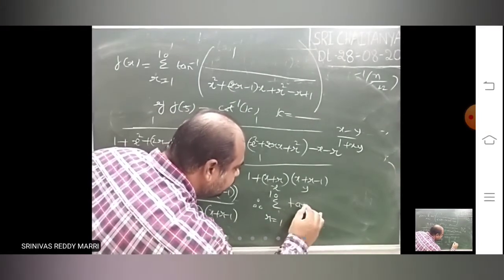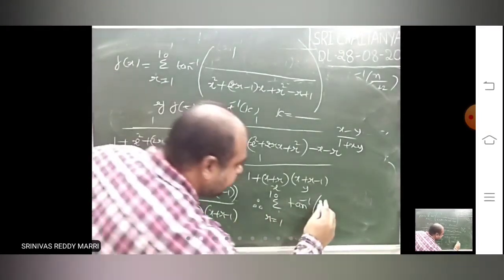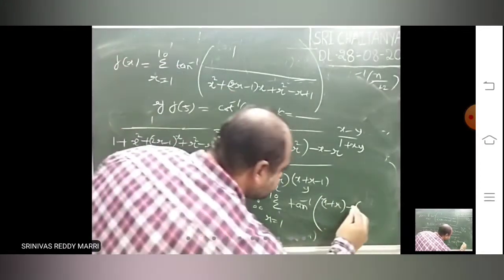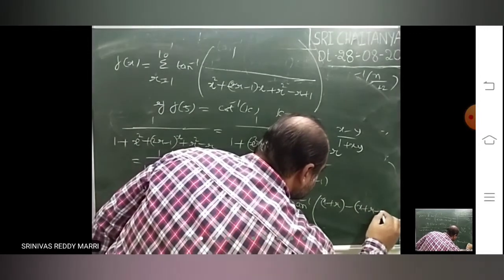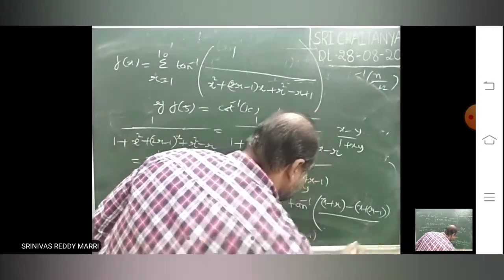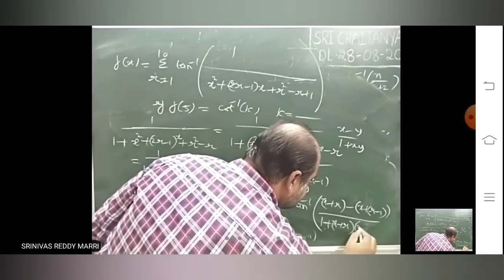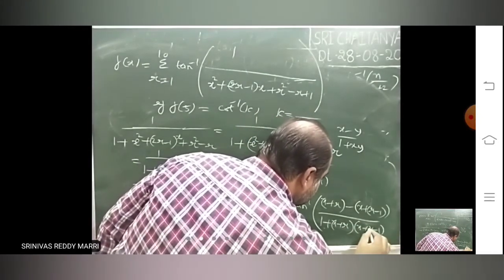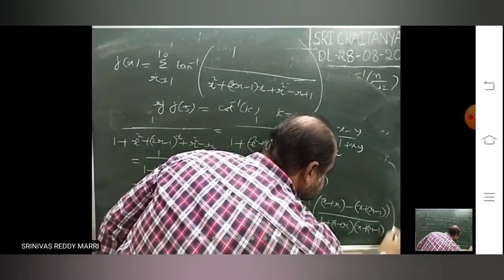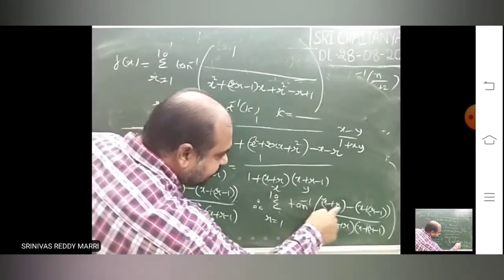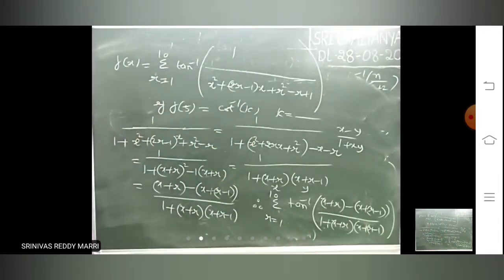Sigma r equal to 1 to 10, tan inverse of this. Now if you look at this form, tan inverse of x minus y divided by 1 plus xy, what is that?